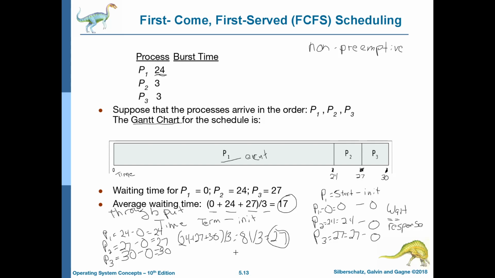And this is the average throughput. So our wait time is 17, our throughput time is 27, and this is also our response time. But this is only true for non-preemptive schedulers. These are the measurements that we should get for first come, first served.